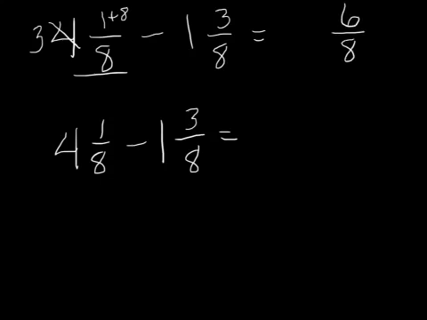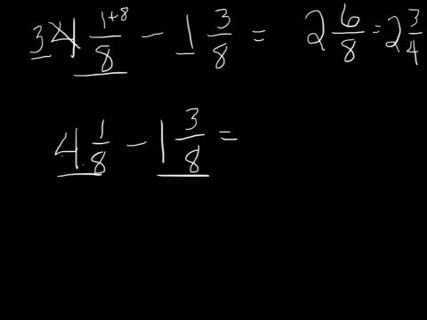So I'm going to end up with 6/8, and now I can look at my whole numbers. 3 minus 1 is 2. 2 and 6/8, which reduces. 6 and 8 are both divisible by 2, so I can reduce 6/8 to 3/4.